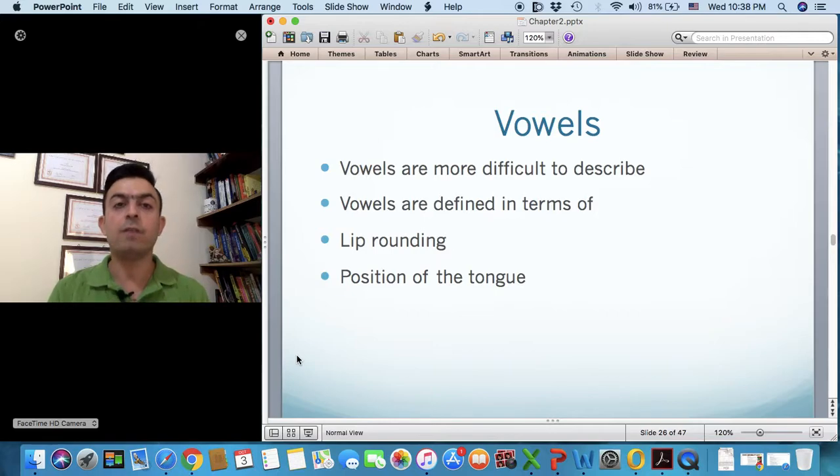If you say the vowels e and u, and pay close attention, you will notice that with e, your tongue is kind of to the front, but with u, your tongue goes back. So the back side of the tongue is involved in the u, and the front is involved in the e.